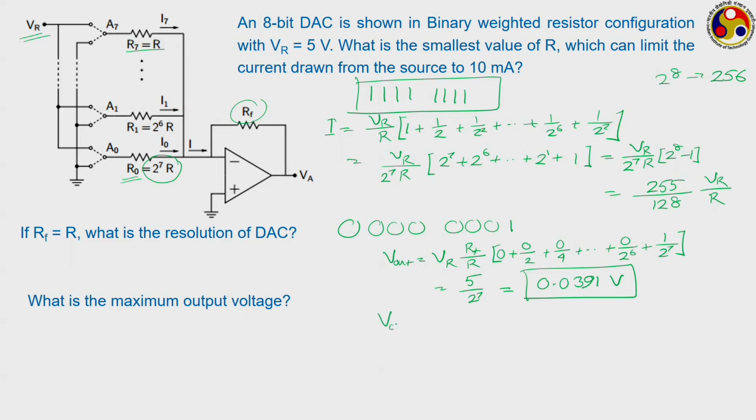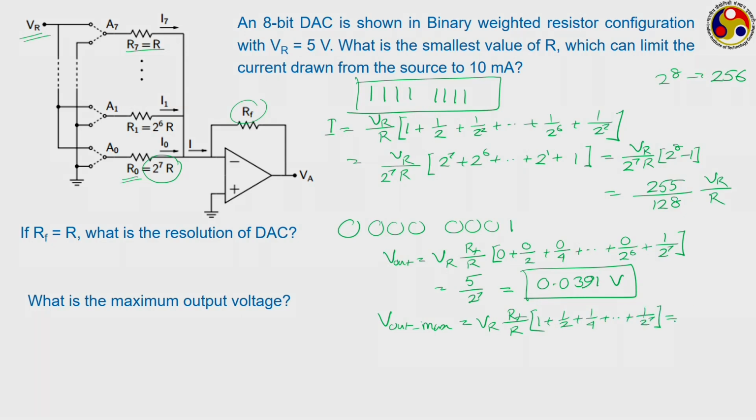The maximum output voltage, which is what you want to calculate when all of them are set to 1, will be equal to VR into RF by R into all set to 1, 1 plus 1 by 2 plus 1 by 4 up to 1 by 2 to the power 7.